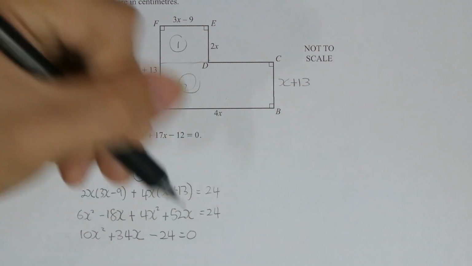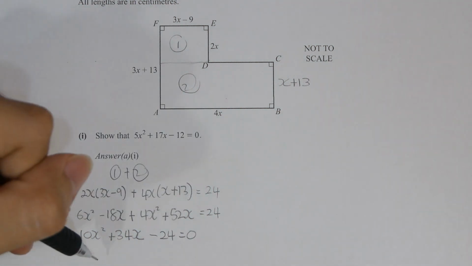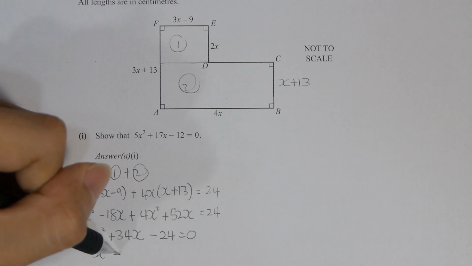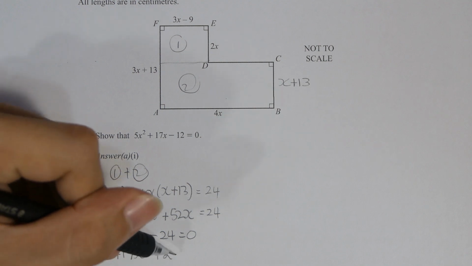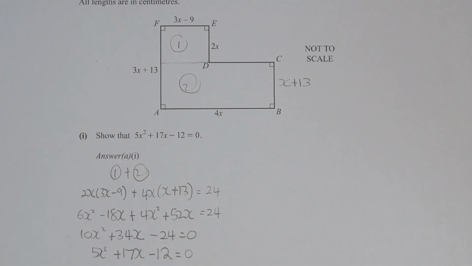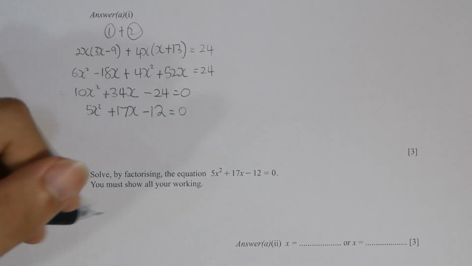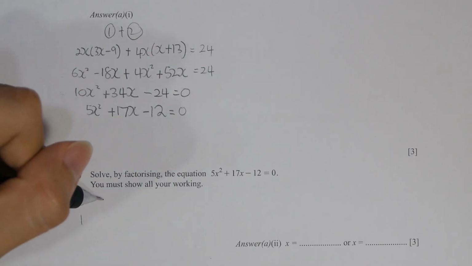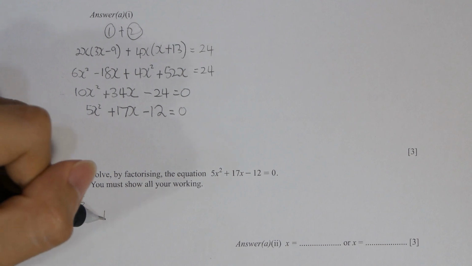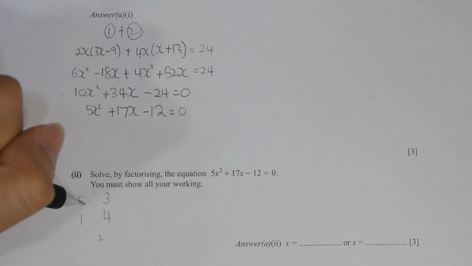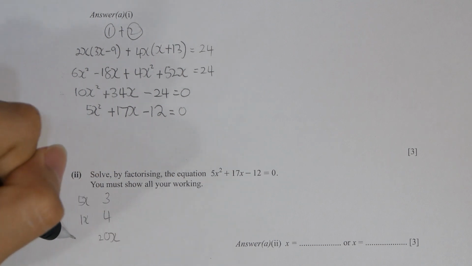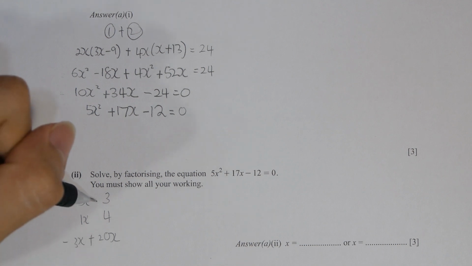However, this is not the final result because you're required to simplify it by dividing everything by 2. Then you'll be able to prove the formula of 5x squared plus 17x minus 12 equals 0. Then factorize it. I use the cross multiply method and I get the x value as 3 over 5 or negative 4.